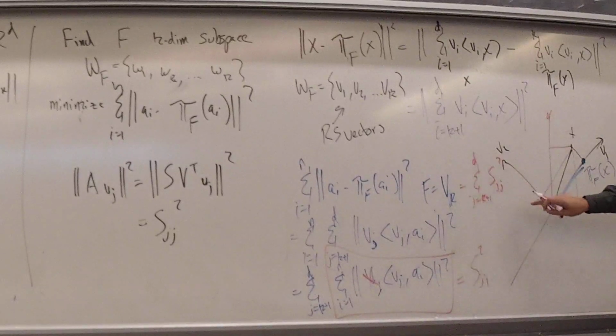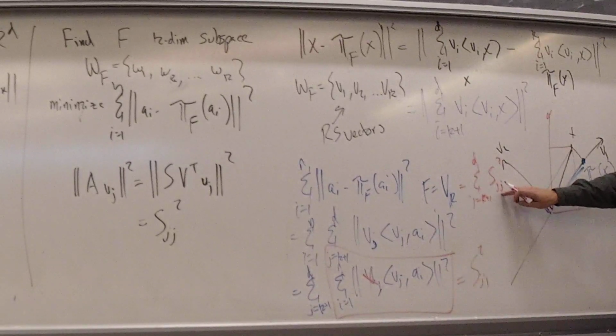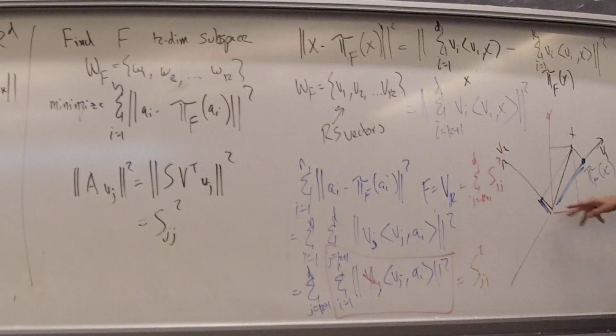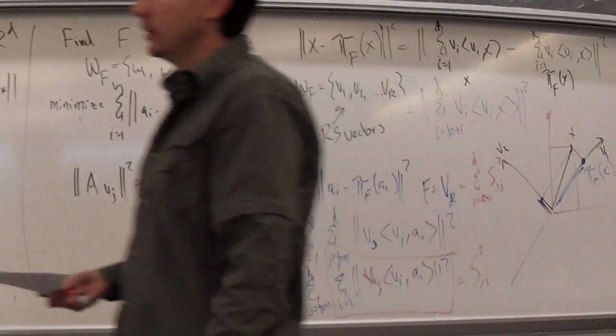So the sum of the squared singular values from k plus 1 up to d is going to be this residual term defined on all the data.